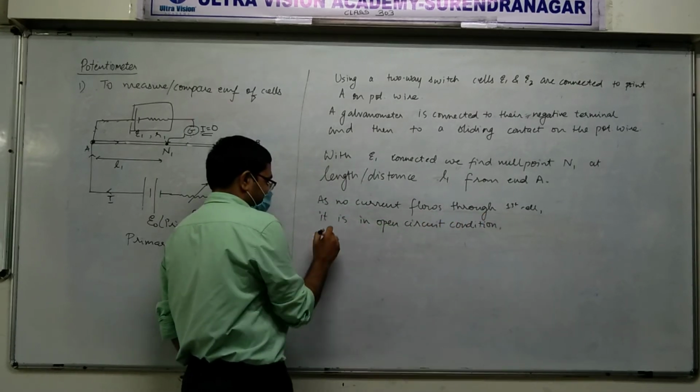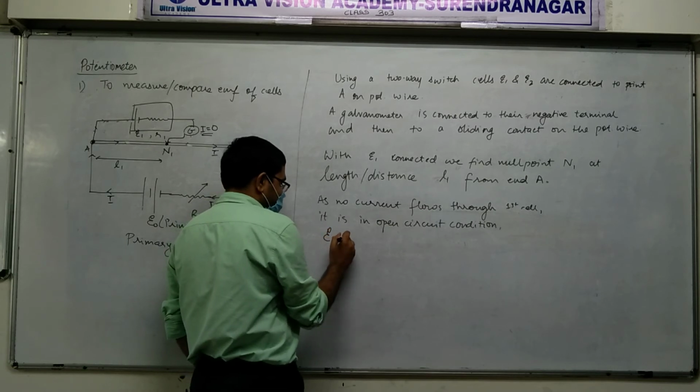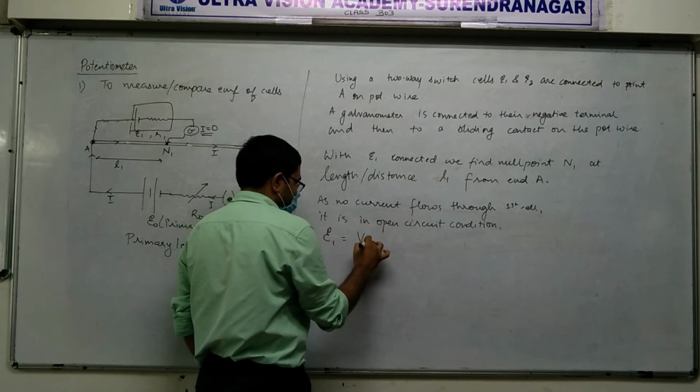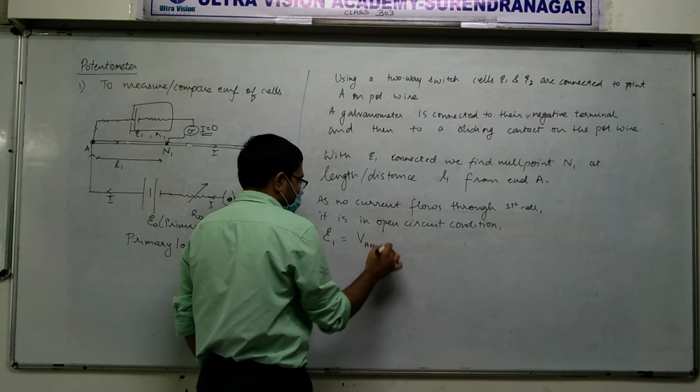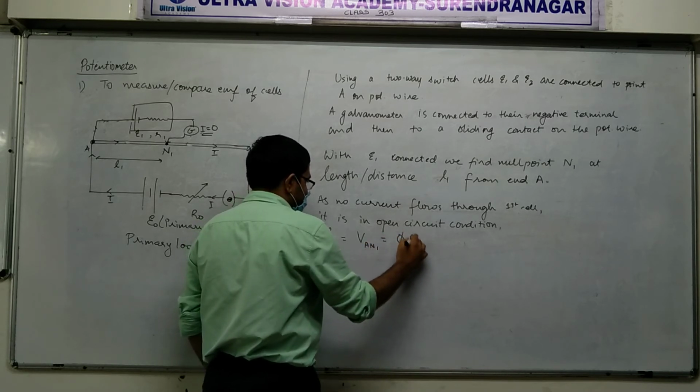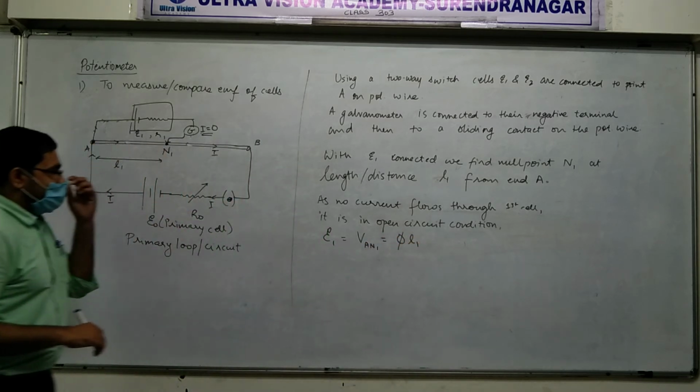So we will have epsilon 1 is equal to VAN1, and that will be equal to phi L1.